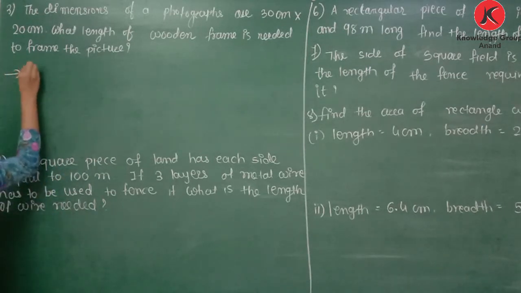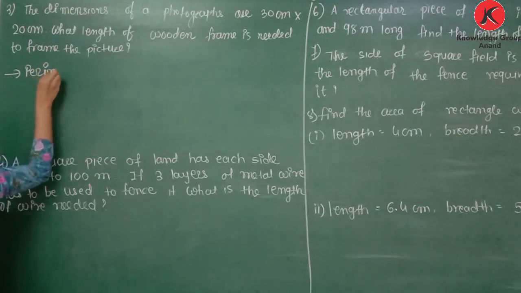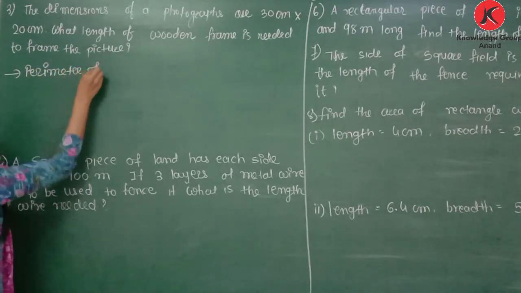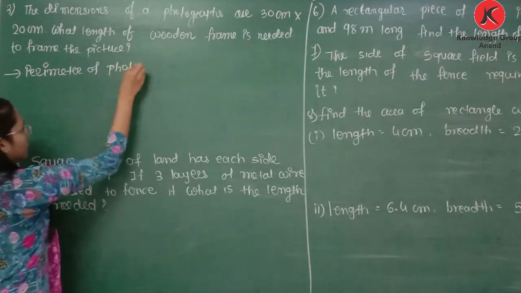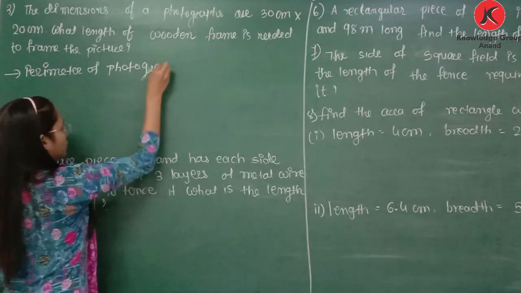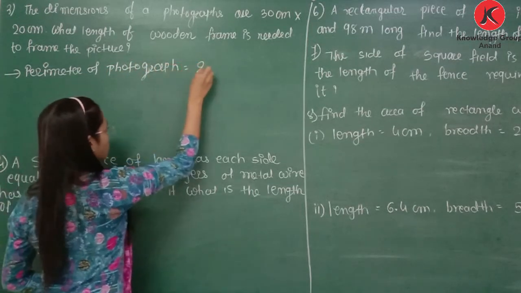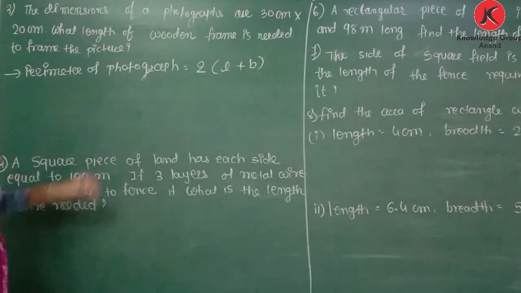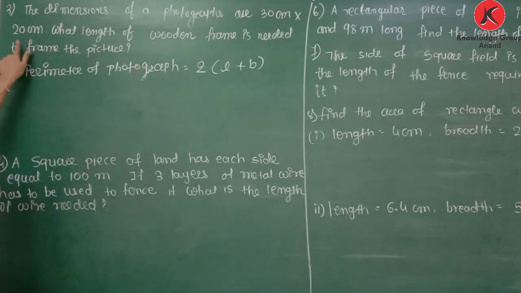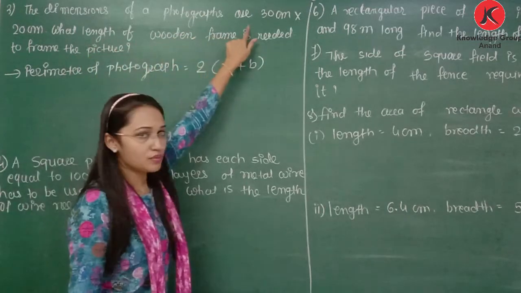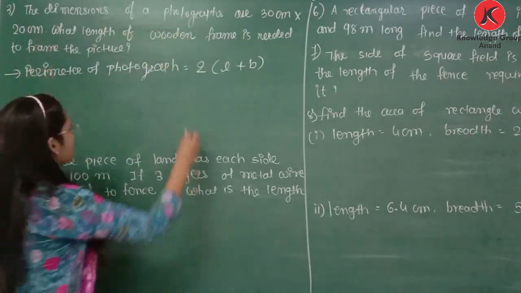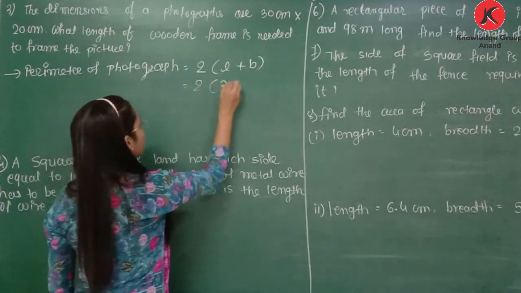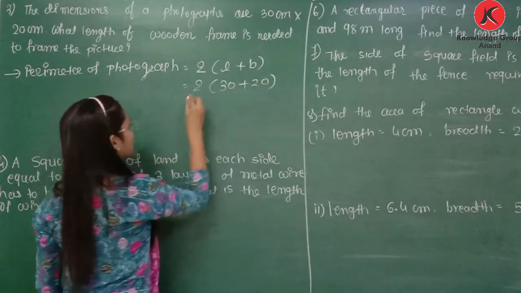So perimeter of photograph is equal to 2 inside the bracket L plus B. Now what is the length? 30 centimeter by 20 centimeter. It means 30 centimeter is the length and 20 centimeter is the breadth. So 2 into 30 plus 20.